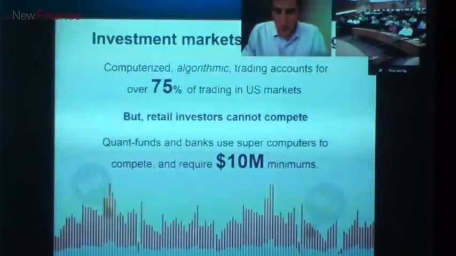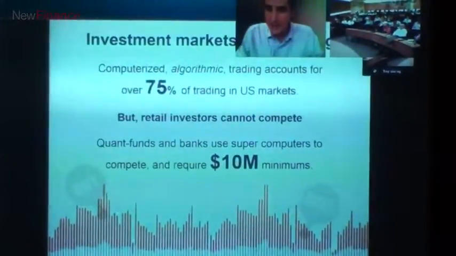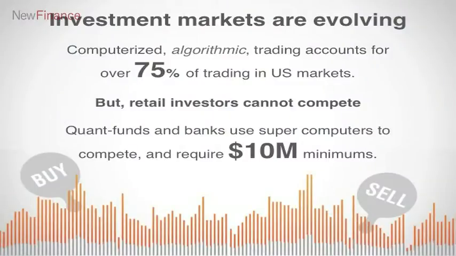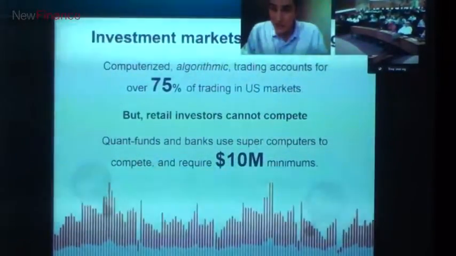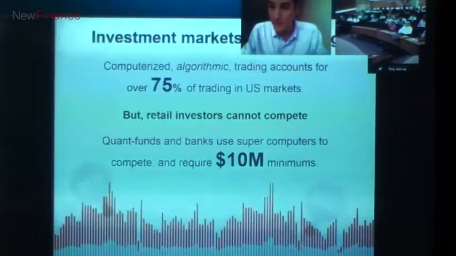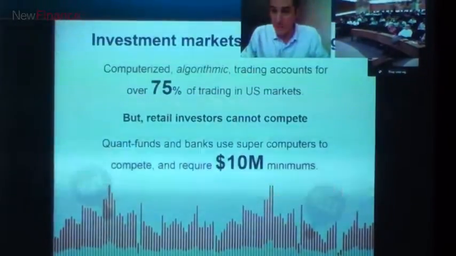So the point is, though, that these days the markets are evolving, and just like everything else, like our planes are becoming computerized and our cars are becoming computerized, so are the markets. And so nowadays the stock markets are computerized. Trading is accounting for over 75% of all the trading that's occurring.